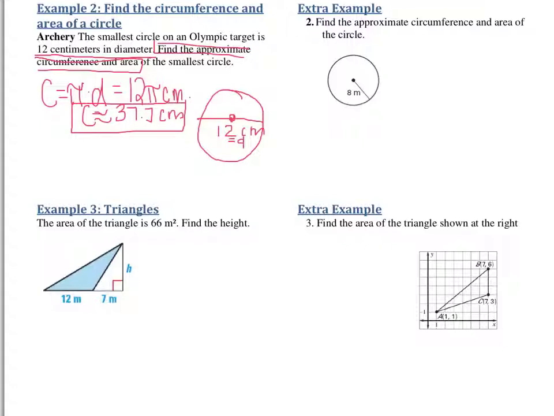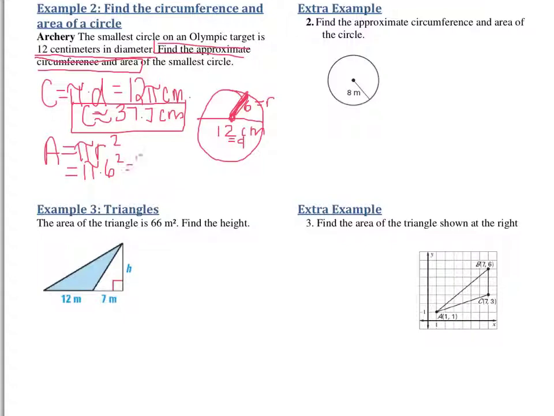We also need to find the area of our circle. Sorry if you can hear my puppy. Area is pi times our radius squared. Now I know 12 is my diameter, so my radius would be just halfway across. Half of 12 is 6, so I have to use that as my radius. So it's pi times 6 squared.